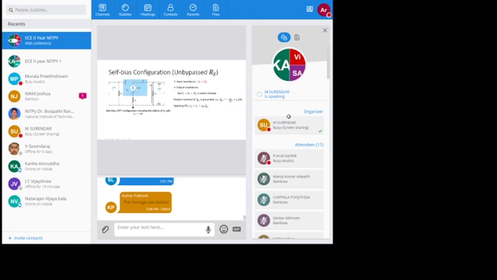Now substituting this VGS in this equation, we have ID plus I naught equal to minus gm into (ID plus I naught) RS. Bringing ID to one side and I naught to the other side, the final expression we get is I naught equal to negative of the drain current.